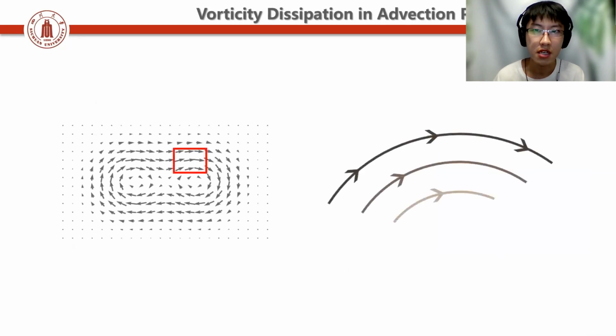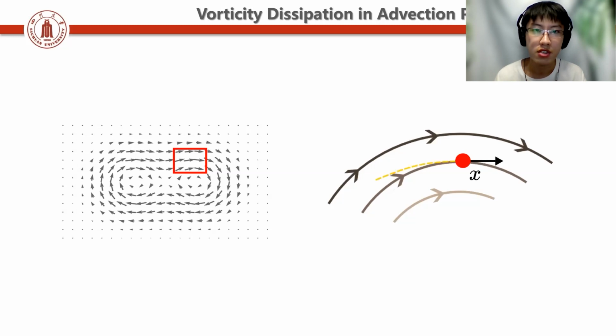Here is the velocity field of the previous scene, from which we intercept some segments for analysis. We select any grid point and assume that it's at the spatial position x. When entering a time step, it has a horizontal right initial velocity.